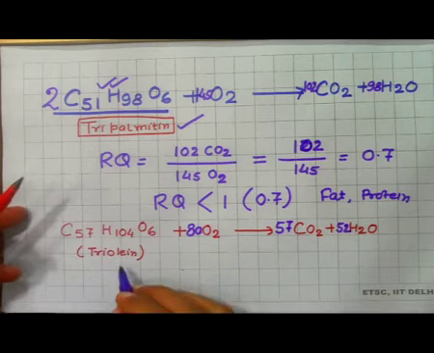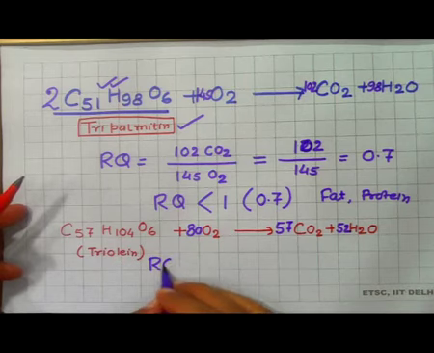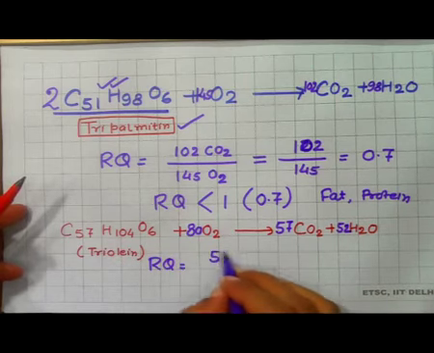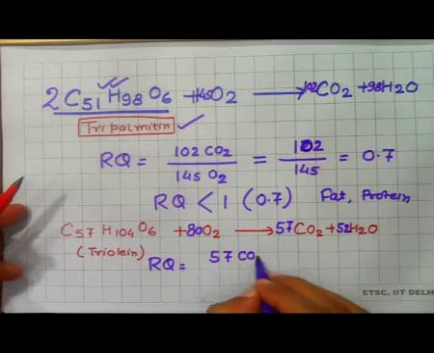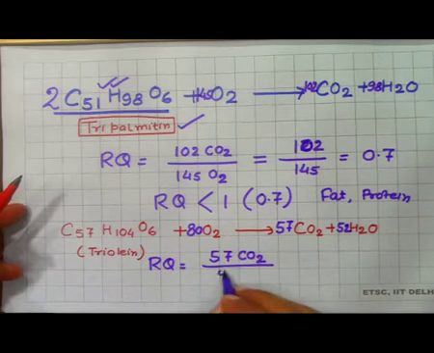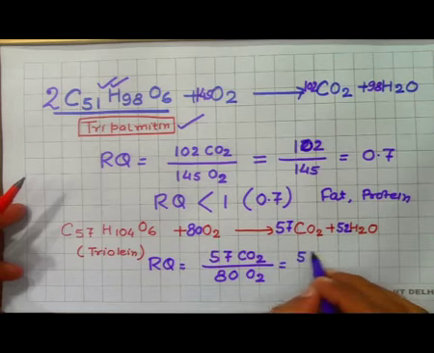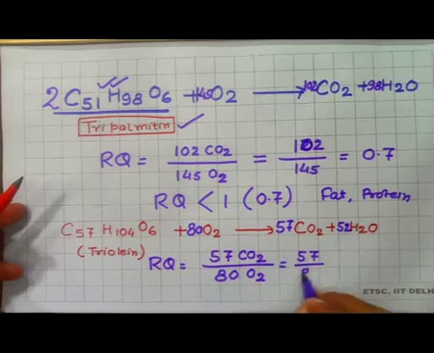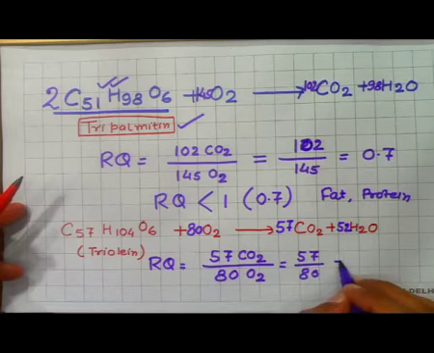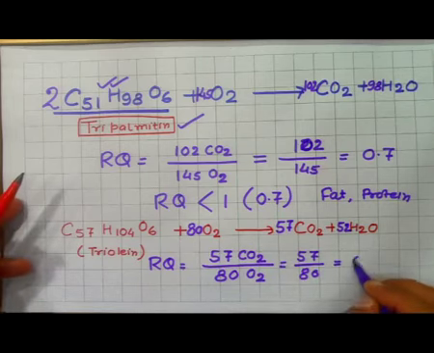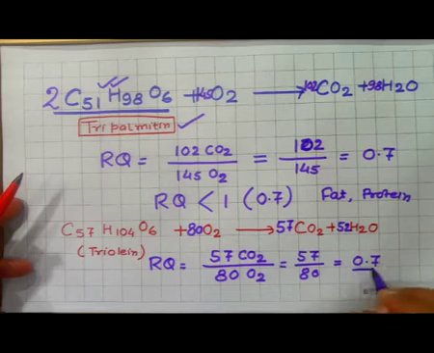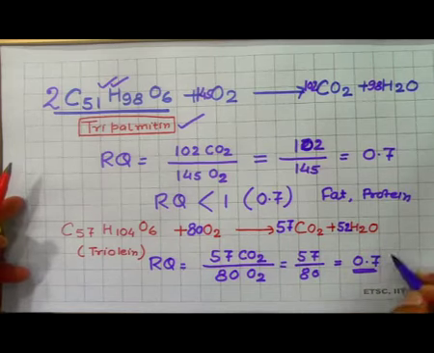Now, the RQ is 57 CO2 divided by 80 O2, that means 57 by 80, it will be 0.7, that is also may be fat or protein.